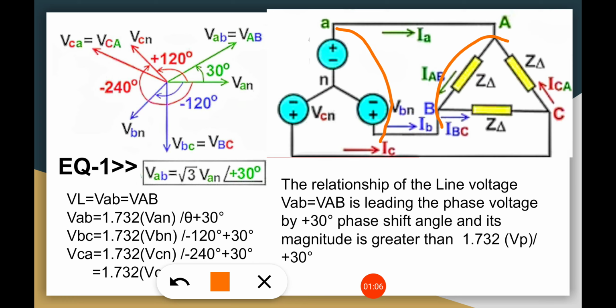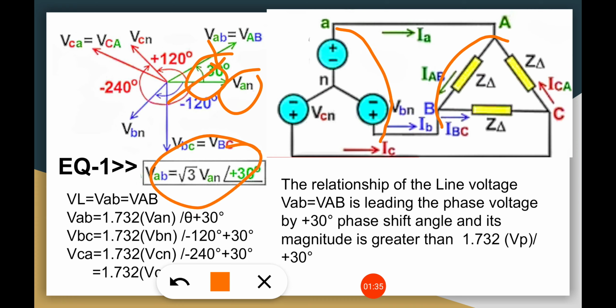And in this relationship, the line voltage VAB is leading the phase voltage VAN by plus 30 degrees phase shift angle, and the magnitude of VAB is greater by the square root of 3 times VAN, at plus 30 degrees.